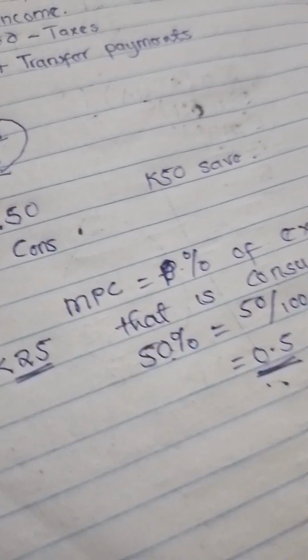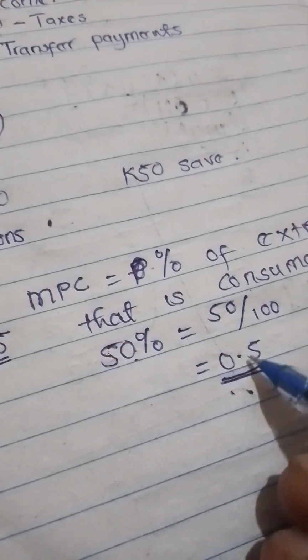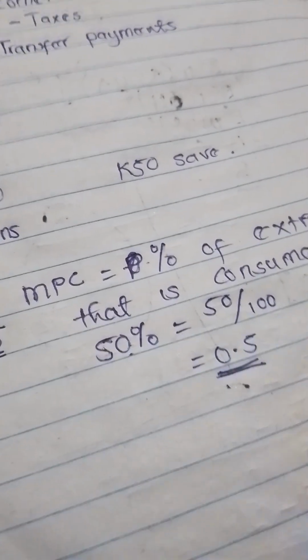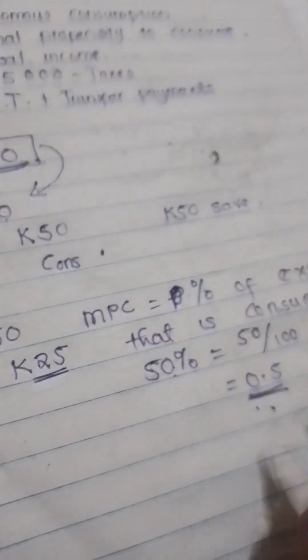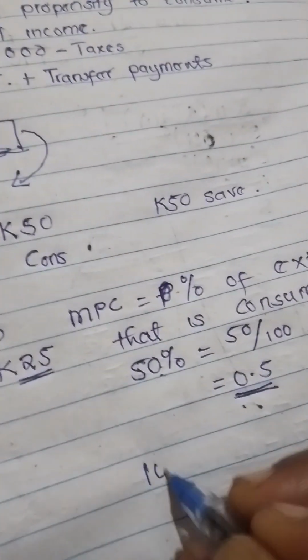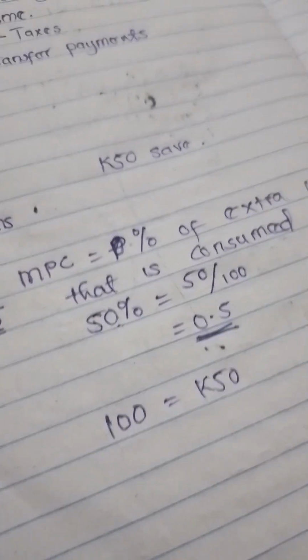So that means whenever a person receives income, they will consume 50%. So if the person's MPC is 50%, if you give them, for example, 100 kwacha, they'll take 50%, which is 50 kwacha, and they're going to spend it on consumption.